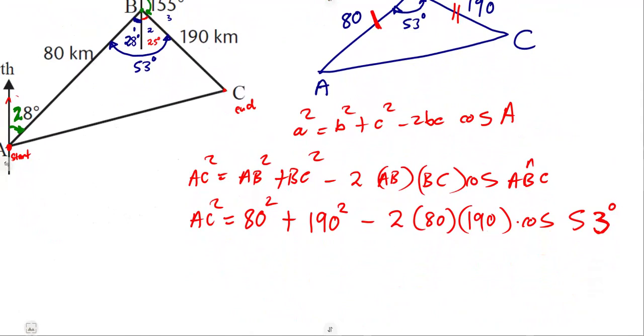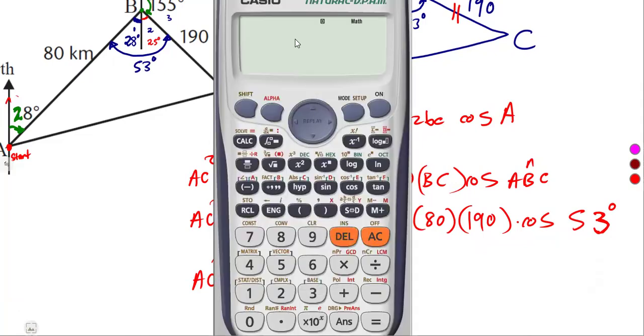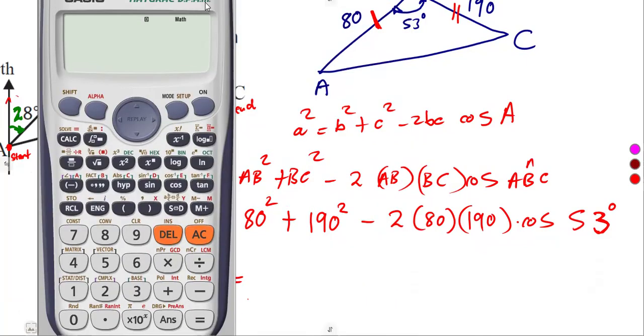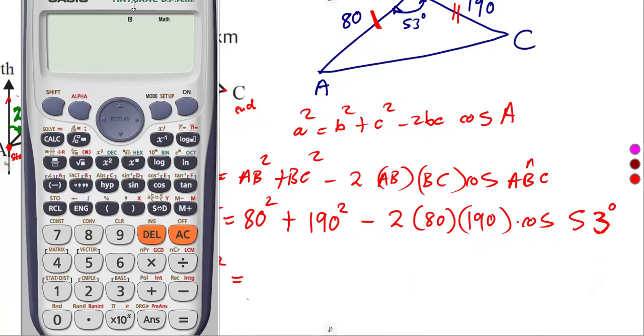We can use our calculator there and simplify everything. So that's 80 squared plus 190 squared minus 2 times 80 times 190 times the cos of 53 degrees, like this.